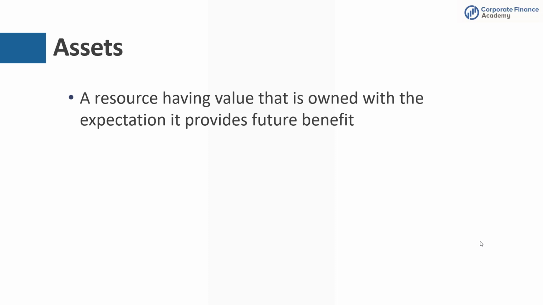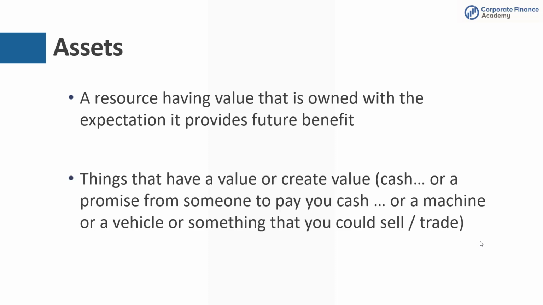It's an asset. Or a piece of machinery which you can use to make more parts that you can sell. That would be an asset. So they have a value or they create a value. Somebody's either going to pay you cash or a promise from someone to pay you cash.